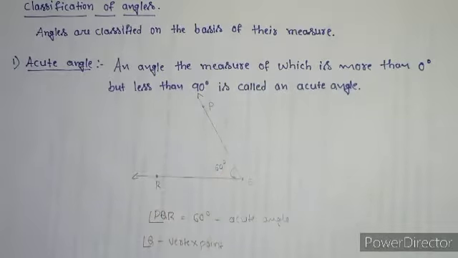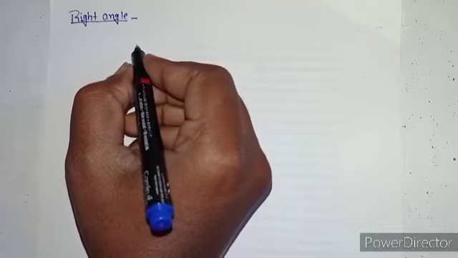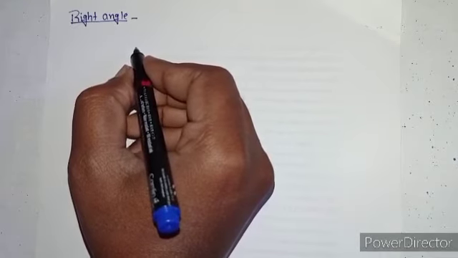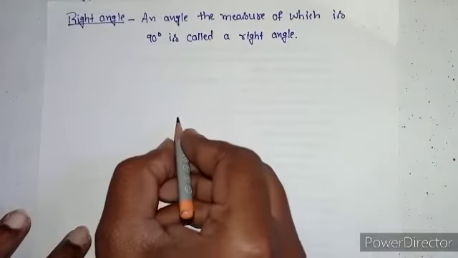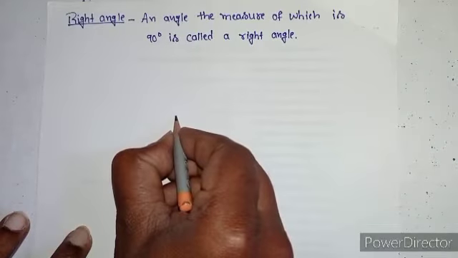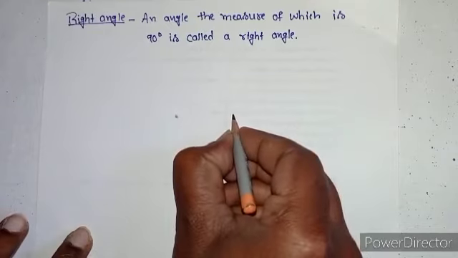Students, the next type of angle is the right angle. An angle whose measure is 90 degree is called a right angle. A right angle should be perfectly 90 degree only. For example, all of you see here, I am going to draw one point here, another point here, and another point here.